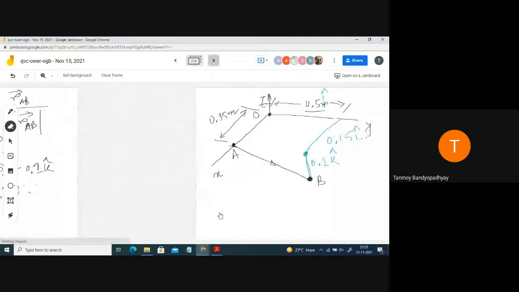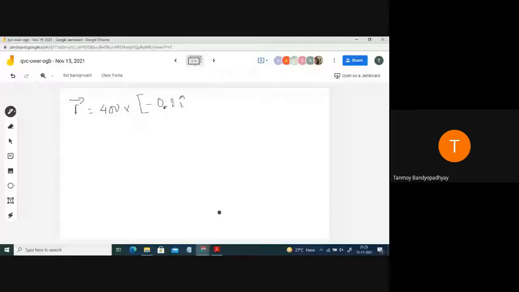So what will be the F? The given is 400 and this is the unit vector actually. So this is minus 0.2 i cap plus 0.5 j cap minus 0.1 k cap divided by the magnitude.